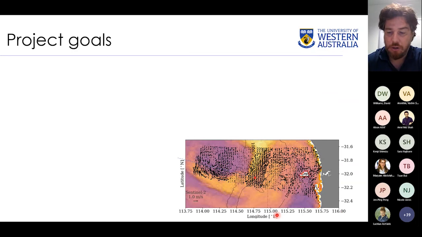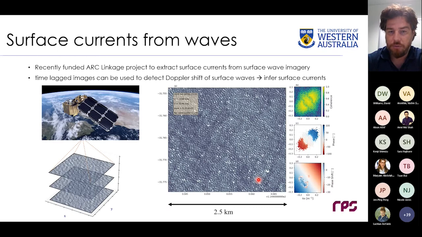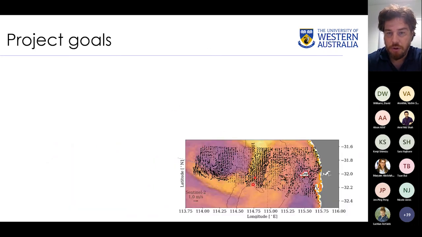So sounds good, and it works. This is an example where we grabbed 2 tiles around Rottnest, or offshore of Perth, and this is 200 kilometres across here. And so that example before is we get one velocity estimate for one of these vectors here.